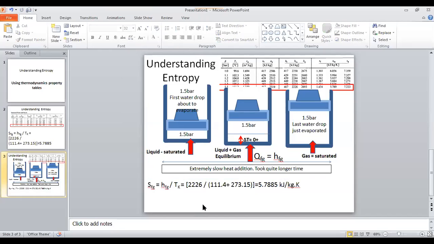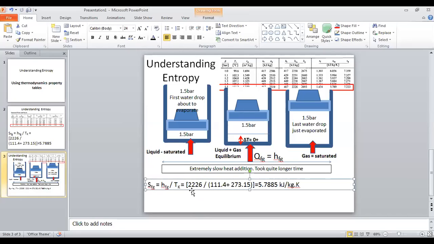And actually SFG is not HFG by TK, but SFG is QFG by TK when this is in equilibrium.